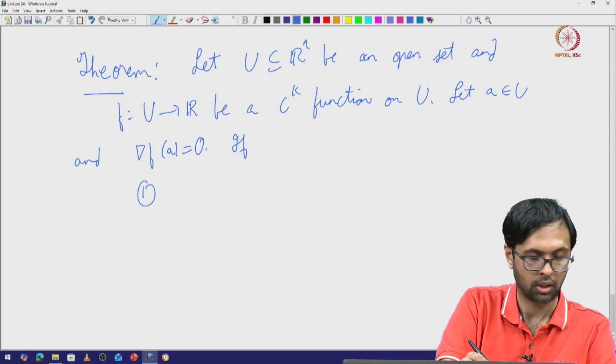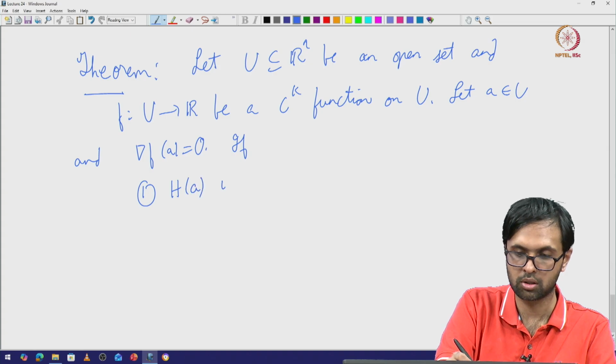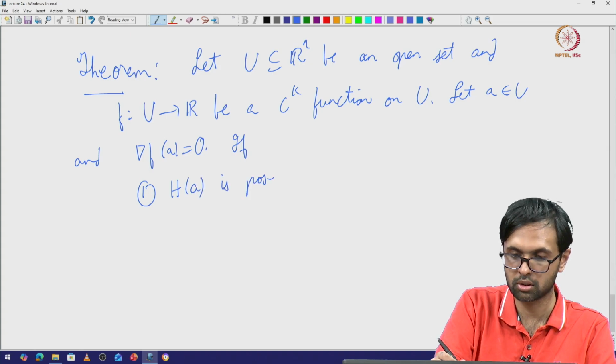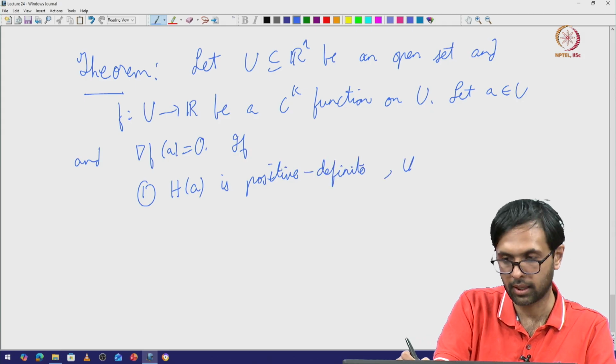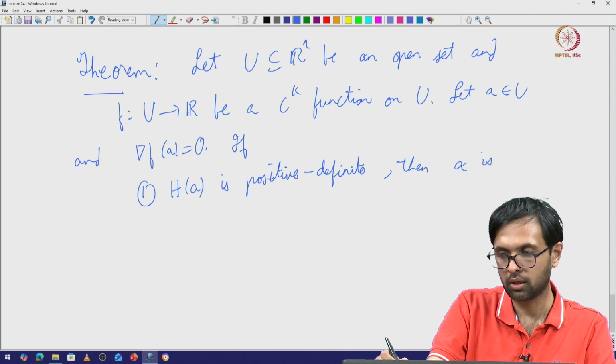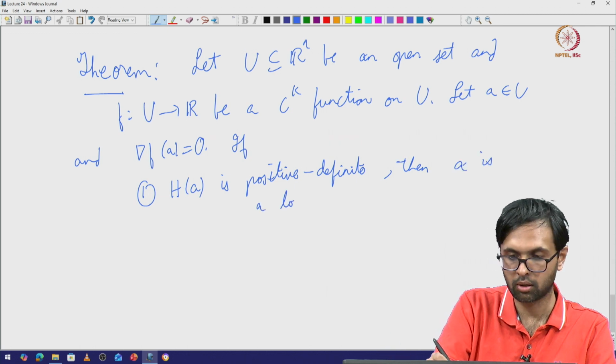If H of A is positive definite, then A is a local minimum.